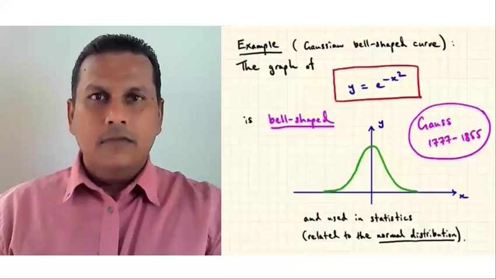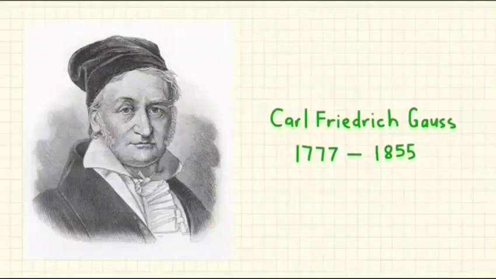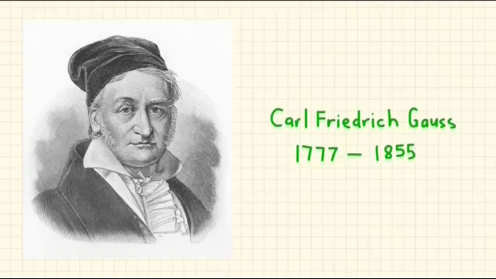The curve is named after Carl Friedrich Gauss, another giant in the development of modern mathematics, who lived and worked from towards the end of the 18th century into the middle of the 19th century. It's a common debating theme: who was a greater mathematician, Euler or Gauss?